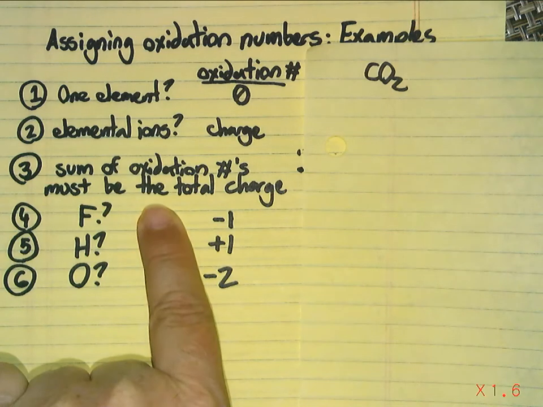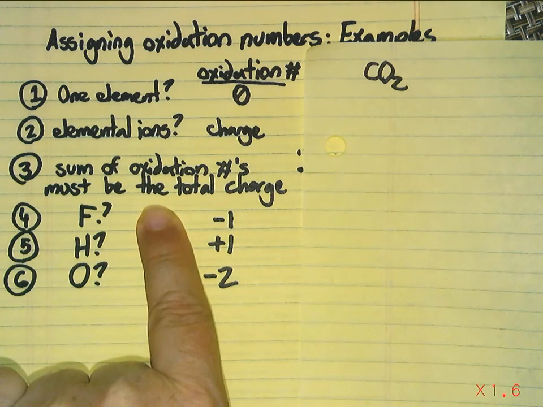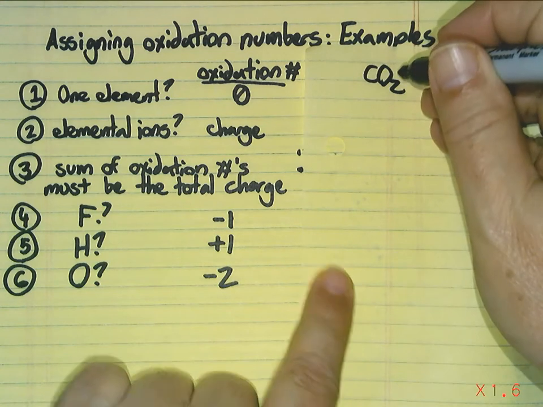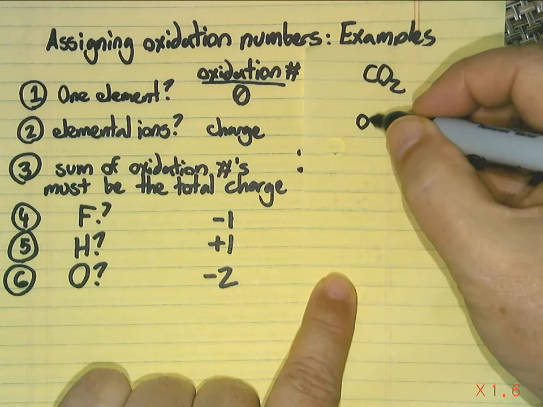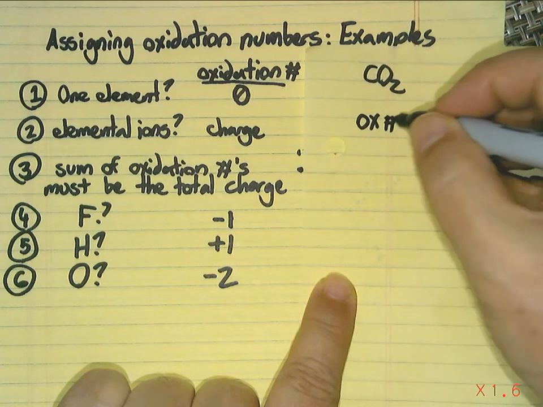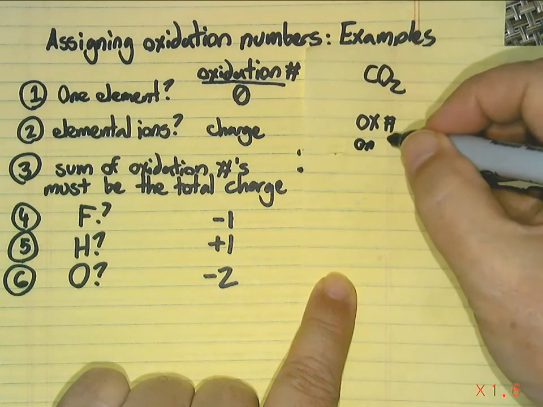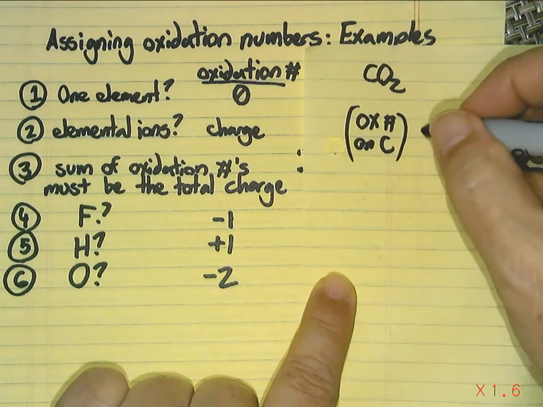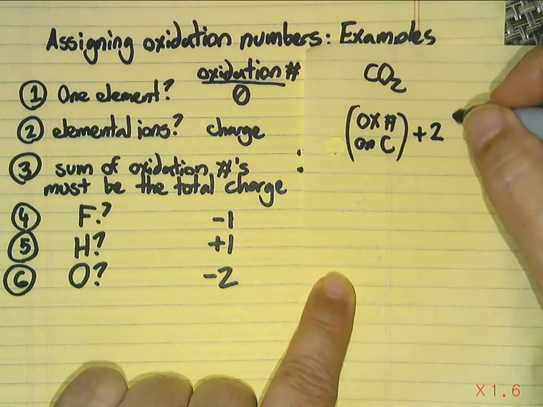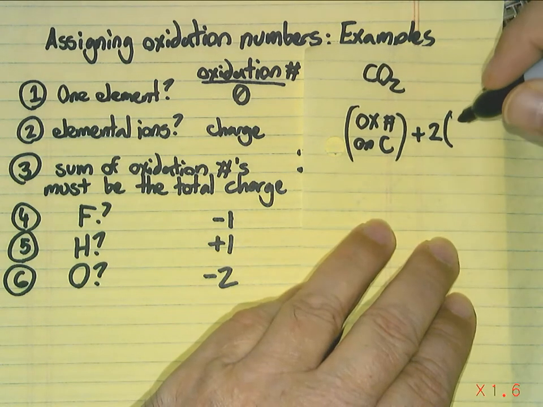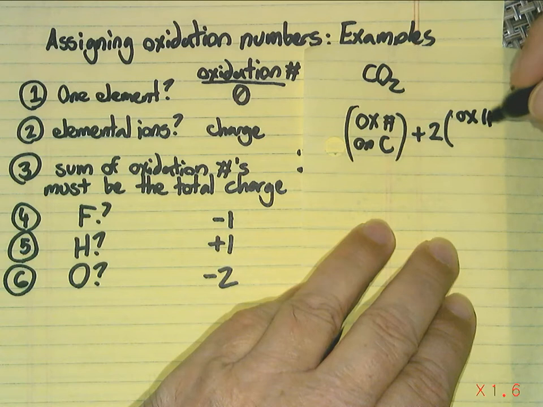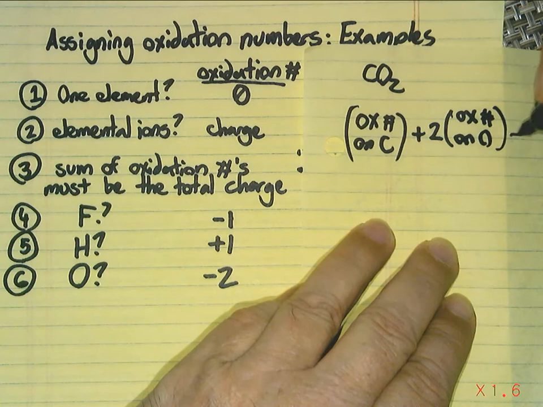The sum of the oxidation numbers has to be equal to the total charge. Okay, the total charge of this is 0. So that means that the oxidation number on the carbon plus 2 times the oxidation number on the oxygen has to be 0.